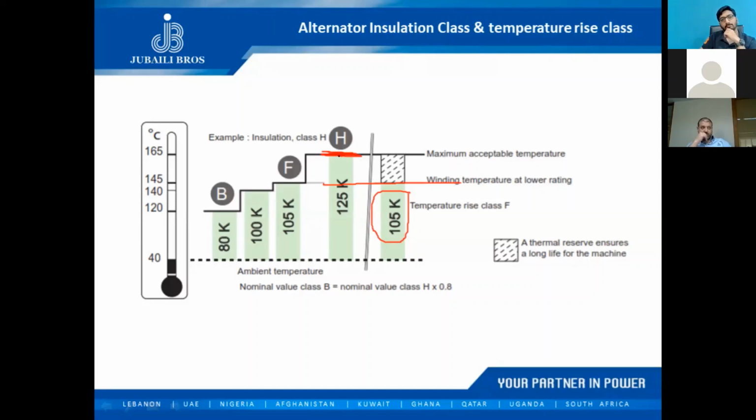However, if I'm using my alternator at 90 kVA, so I'm not pushing it to its limits, the temperature of my winding is not reaching its limits, it's just here. My alternator winding is relatively still cold, so my winding insulation will not deteriorate. I'm giving my alternator a thermal reserve.